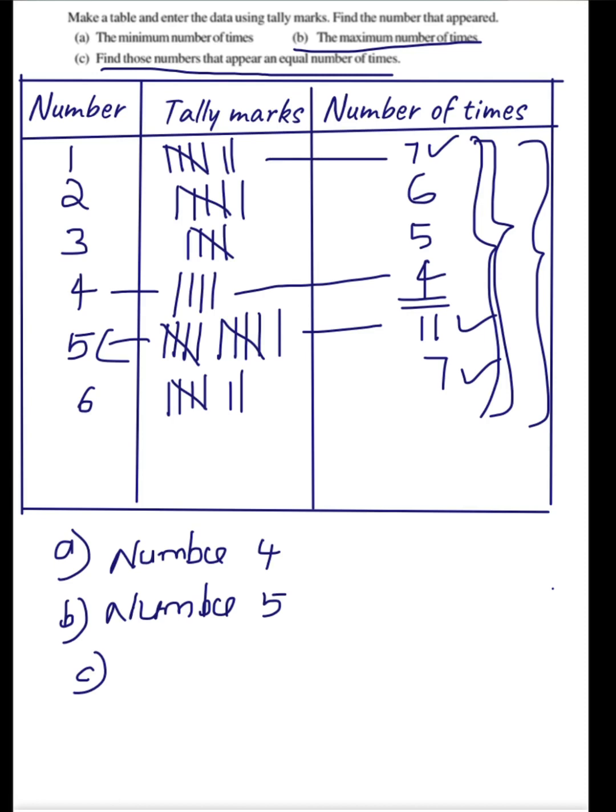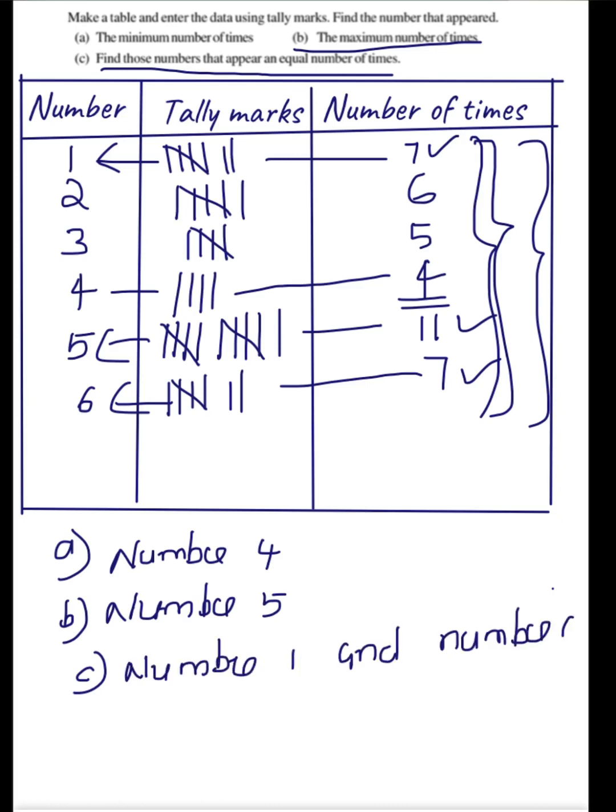That means this 7 corresponds to number 1 and this 7 corresponds to number 6. So number 1 and number 6 appear equal number of times. So that is the answer for C.